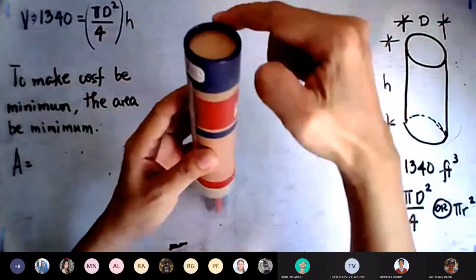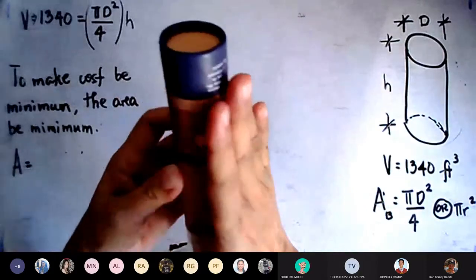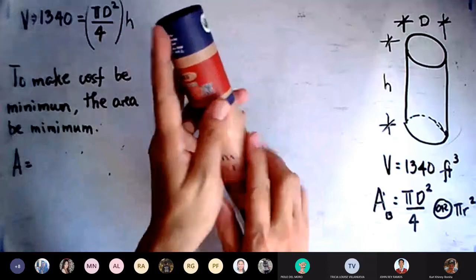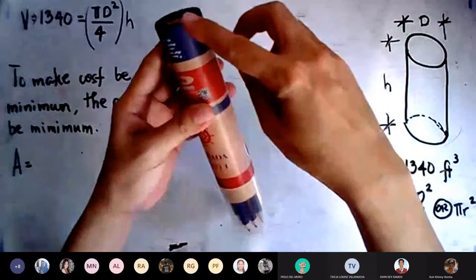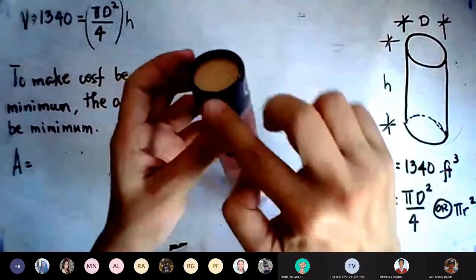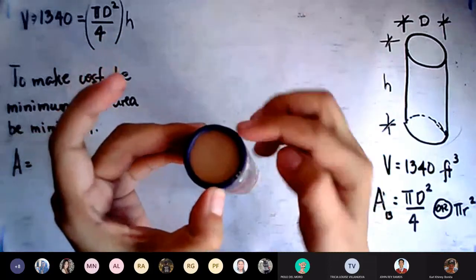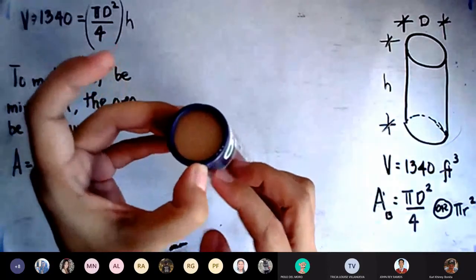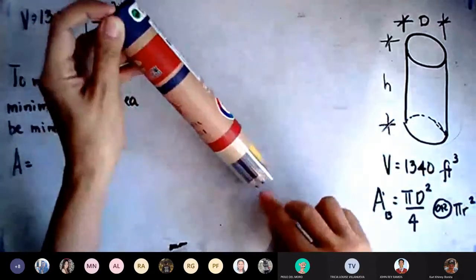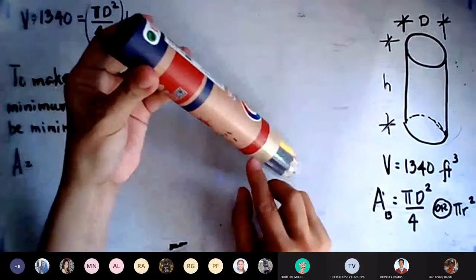This is the area of the base, so there are two bases, and then you have to determine the total area of the metal sheets to be used for the entire side. So that means this height, you just multiply it by the circumference. So from this point up to that point, balik ulit tayo doon. So that is the circumference of the circle. So you just multiply it by this height to determine the total area of the material.